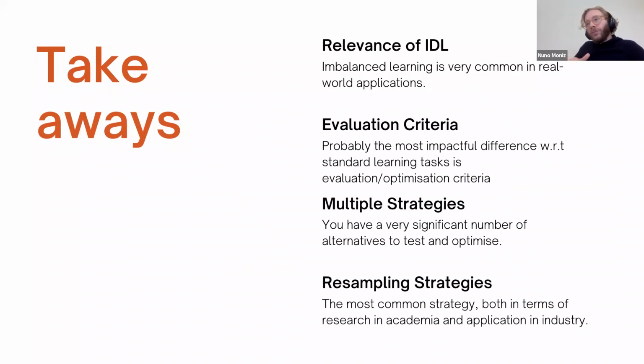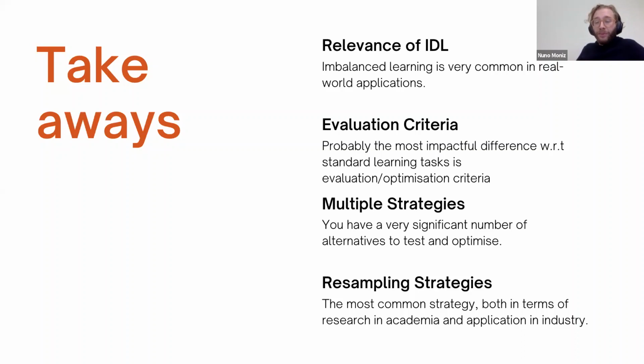So far, three takeaways. First, the relevance of imbalanced domain learning: it is very much known and common in real-world applications. Second, evaluation criteria are essential. It's probably one of the most impactful and important differences with respect to standard tasks.